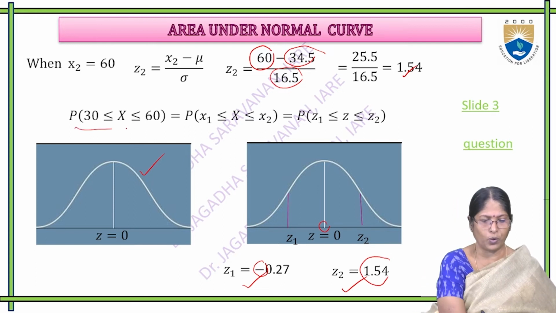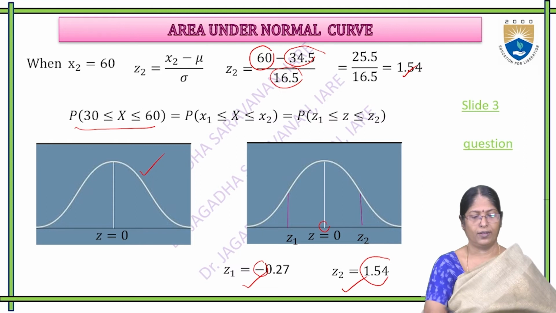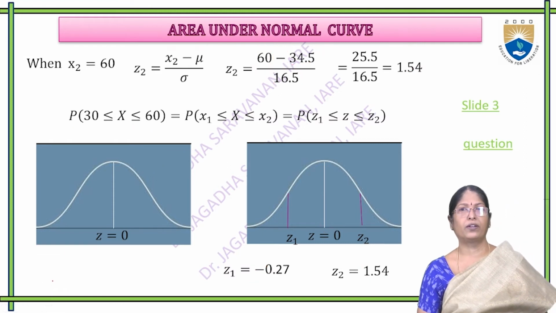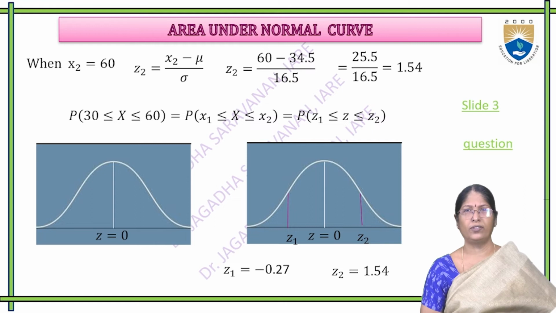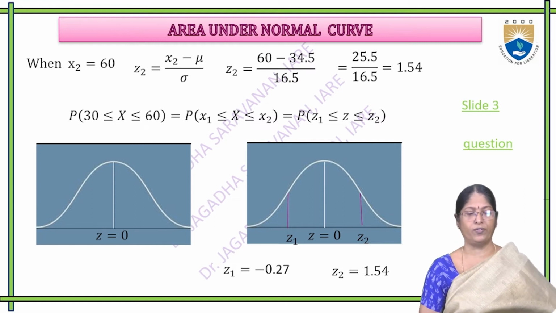So this is our question, the probability that x lies between 30 and 60. We can check whether we are writing the answers in a correct way or not. Just a fraction of a second, we can recheck ourselves.